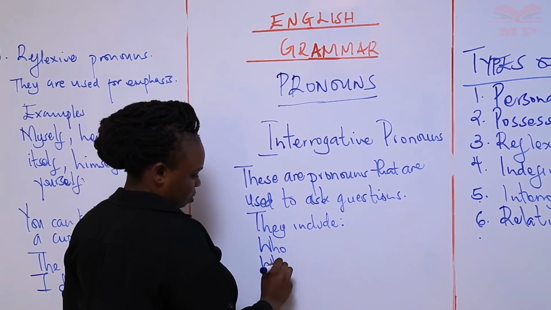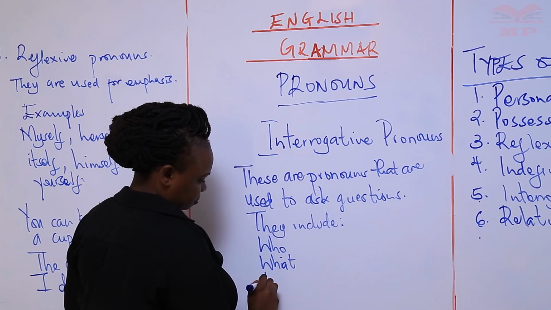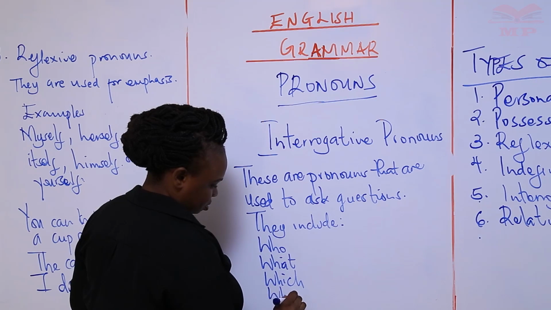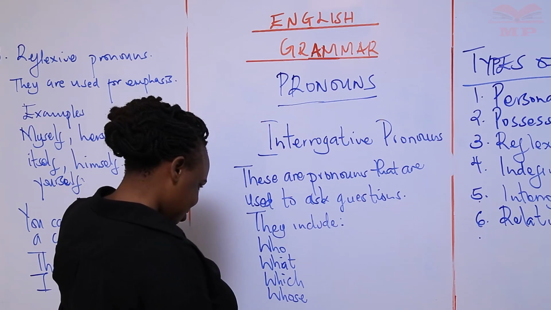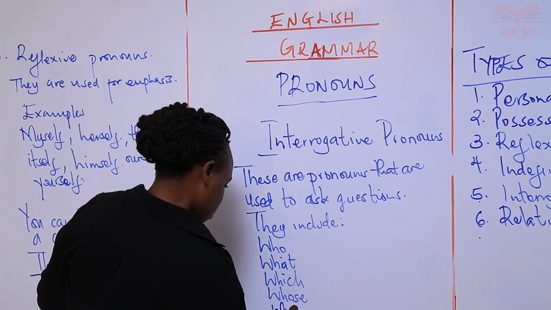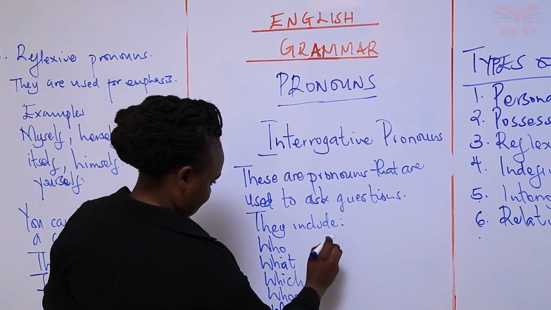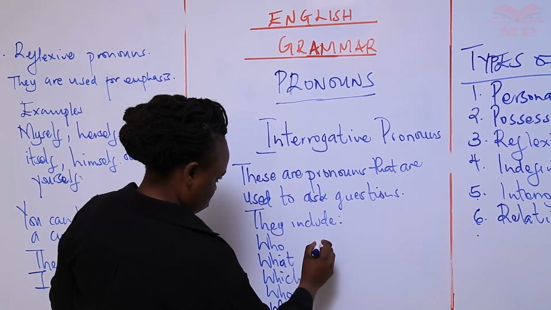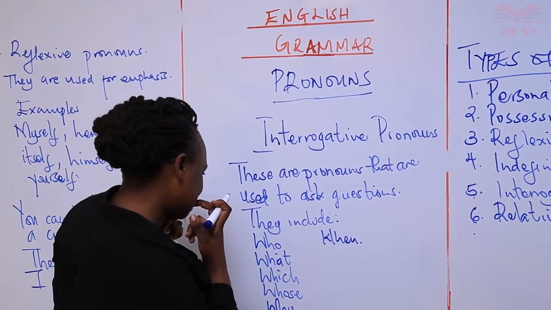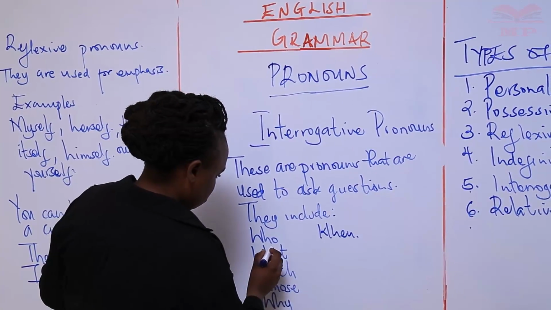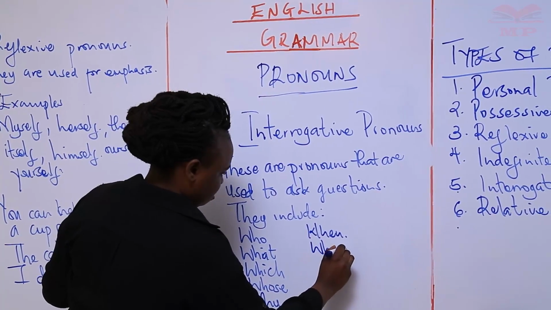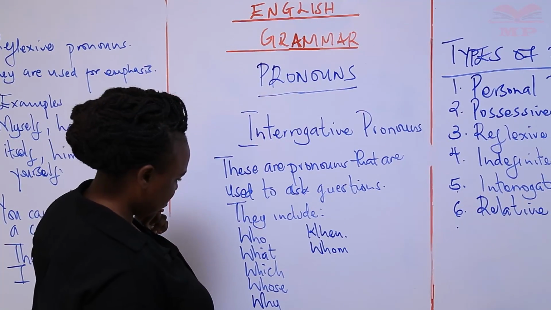They include who, what, which, whose, why, when. Okay. Who, what, which, whose. We also have whom.